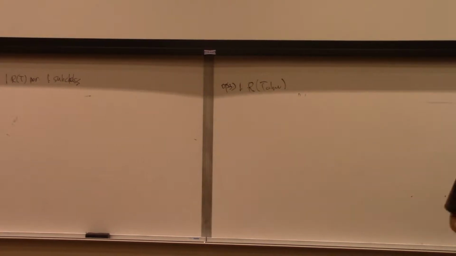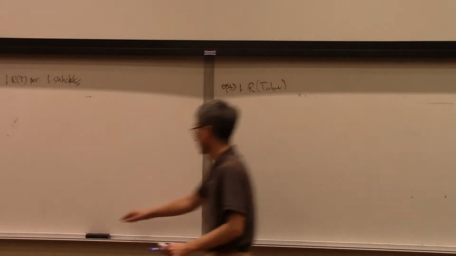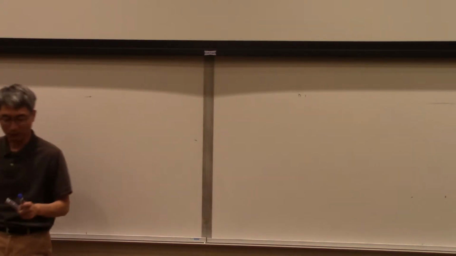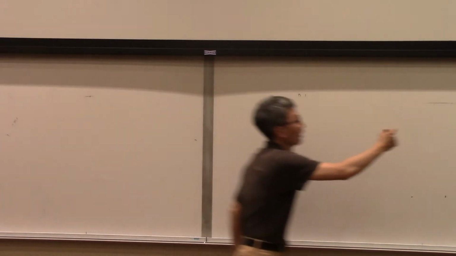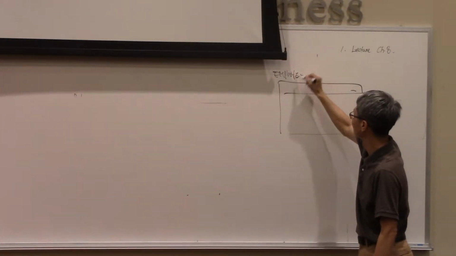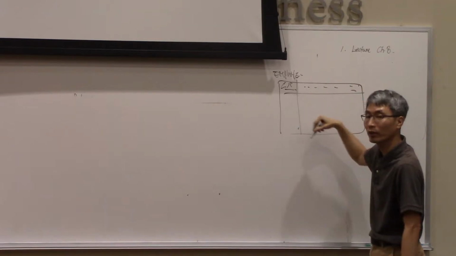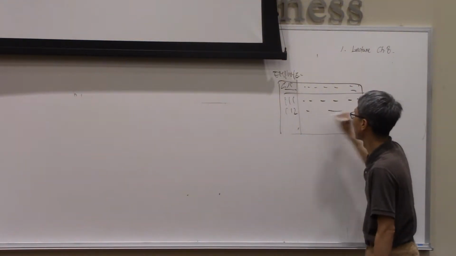Okay, so first, before we start, what is a relation? What is a table? It's like this. For example, employee has SSN as the primary key attribute, and the real data 111, B, and so on, 112, and so on.